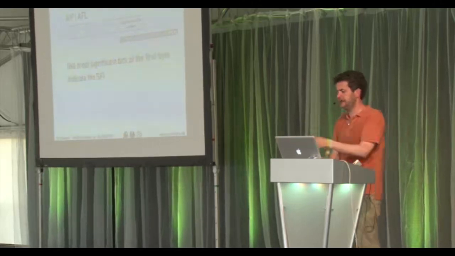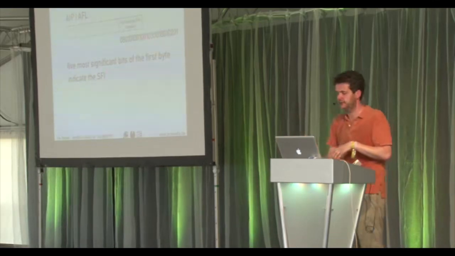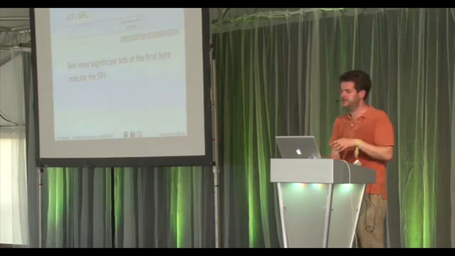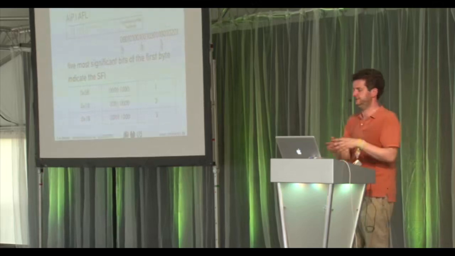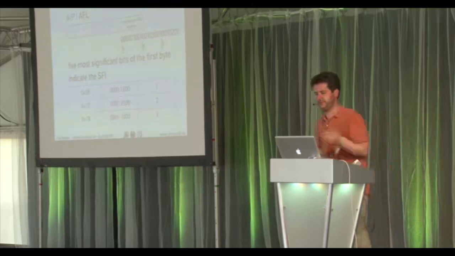And then it gets kind of weird, and this is the stuff that's confusing when you start working with it. The first byte identifies the short file ID, but it's shifted to the left by 3. So the topmost 5 bits show the short file ID.